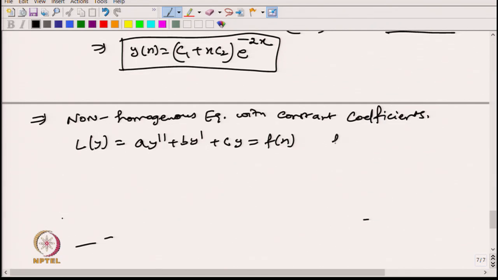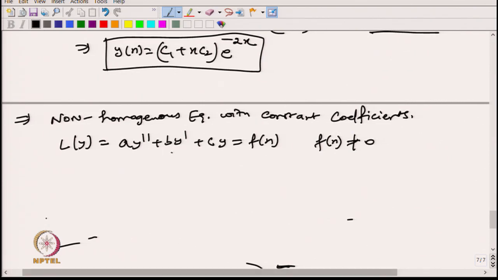So, in this case my f x is not equal to 0. So, this function I am defining, and this function is not equal to 0. So, this becomes a non-homogeneous second order linear differential equation, where my a, b and c are constants.